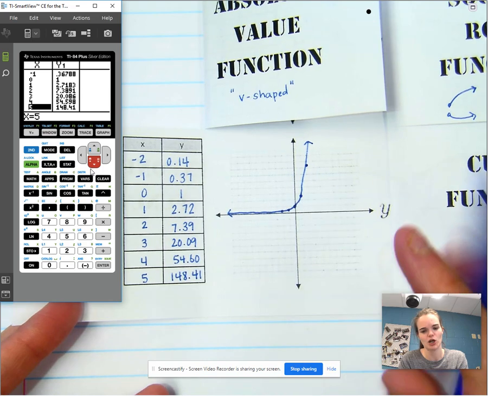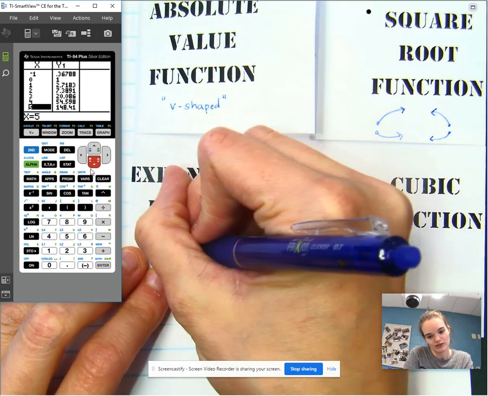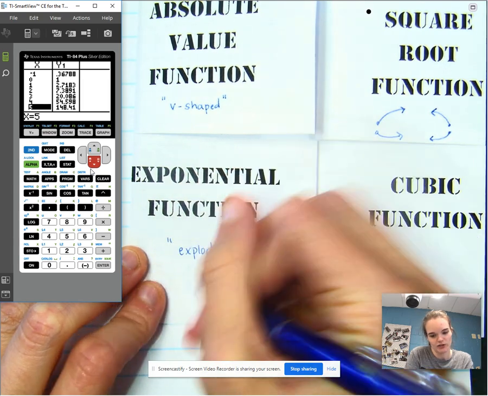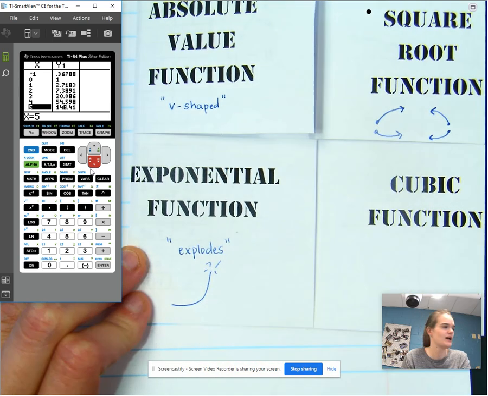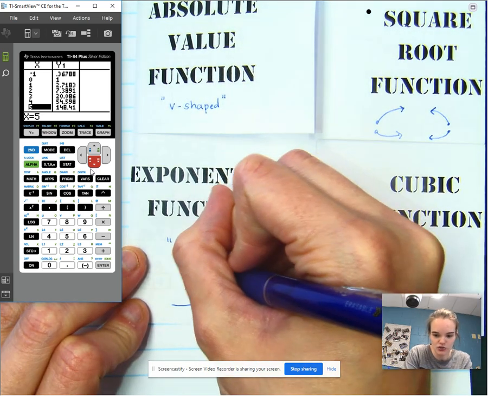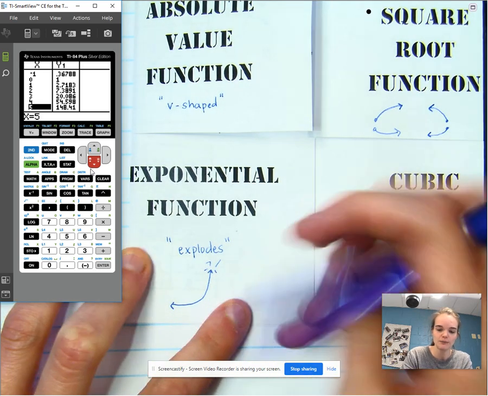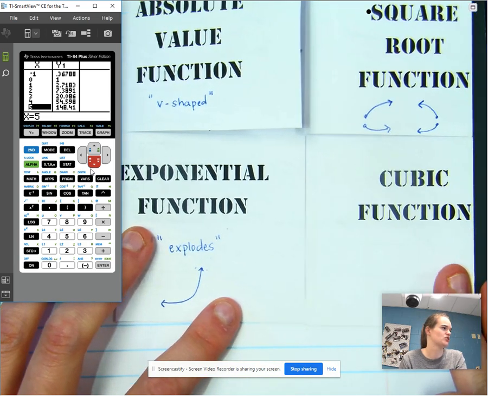So it starts off slow, and then bam, there it is, way up top, okay? That's how an exponential function works. It can go up really quick, it can go down really quick. Population growth, those kind of things are exponential functions.